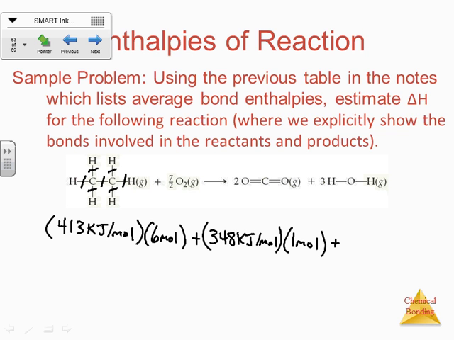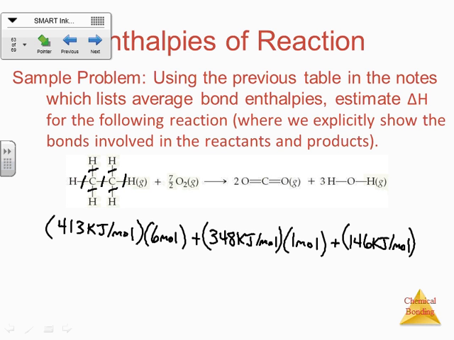Then 7 halves O2. Okay, so it takes 146 kilojoules per mole to break an oxygen-oxygen bond. Does that make sense? You guys see that? So 146 kilojoules per mole, and this is a little weird.